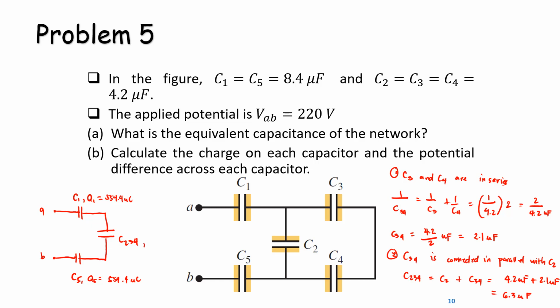And also Q234, or the charge flowing through C234, is equal to 554.4 microcoulomb.